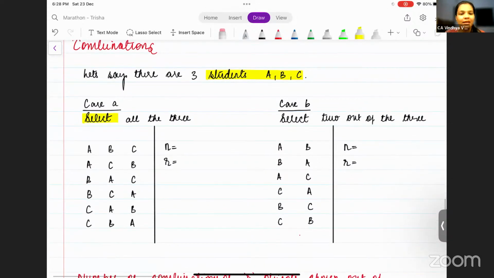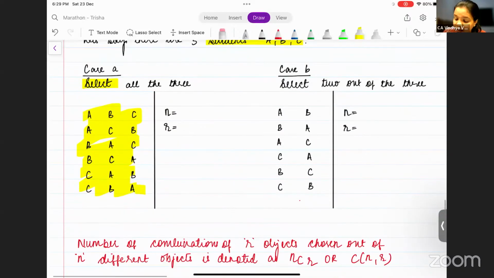When you say select 3 students, irrespective of this arrangement, your selection is nothing but the same 3 people, that is A, B, C. How you select is not important, whether it's A, B, C or A, C, B is not important. Your selection is nothing but the same 3 people. So can I say here it can only be done in one way?